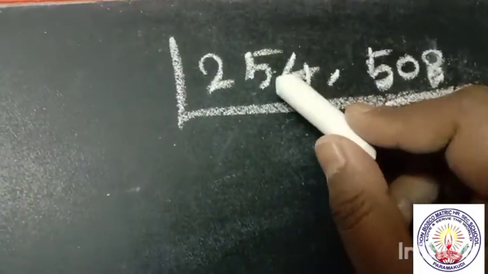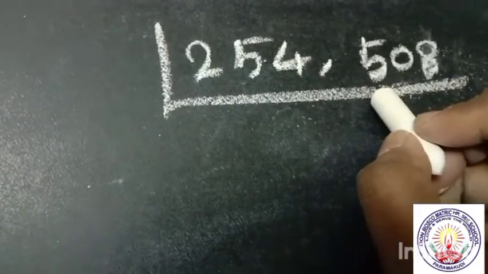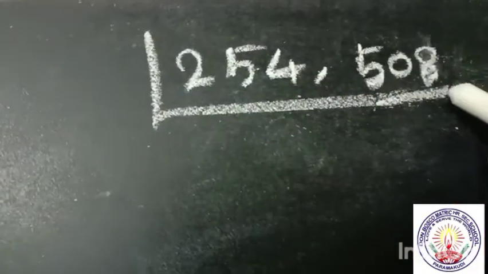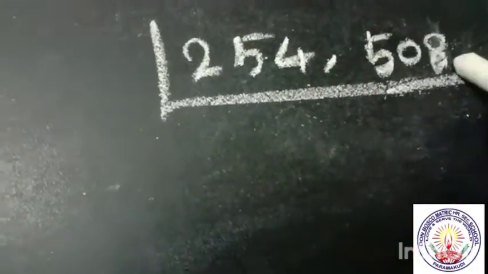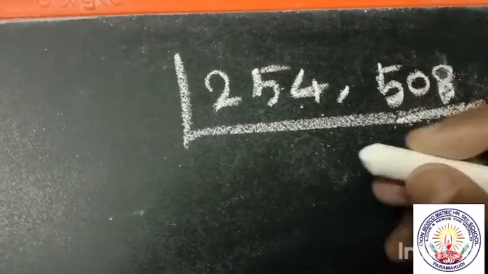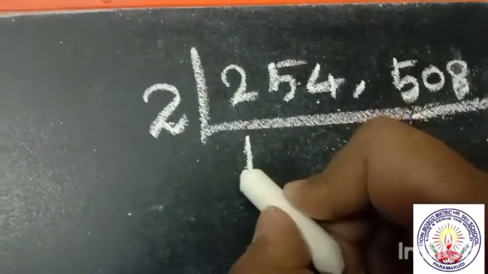Which number is divisible by both the numbers? See guys, in the ones place of this number 4 is there, and in this number, in the ones place 8 is there. Both numbers can be divided by 2. So we take 2. 1 2 is 2.